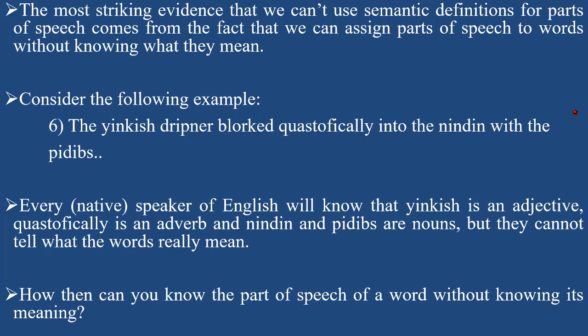This is just a hypothetical sentence. But every native speaker of English would know that Yinkish is an adjective, caustically is an adverb, and Nindin and Pedips are nouns, but they cannot tell what the words really mean. How then can you know the part of speech of a word without knowing its meaning?